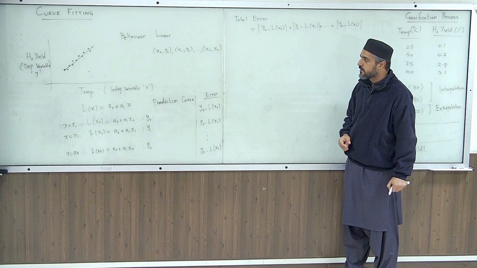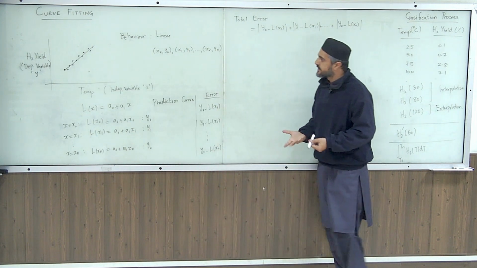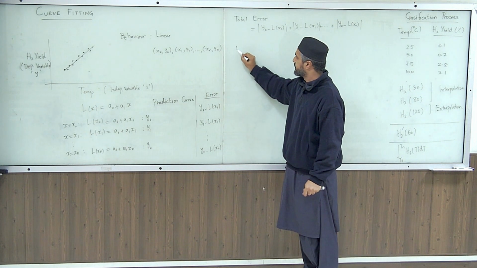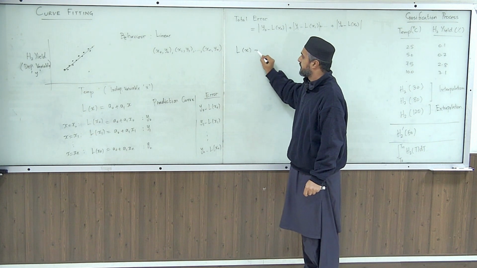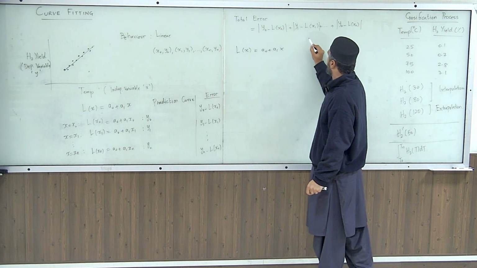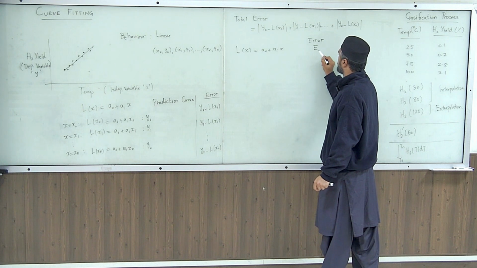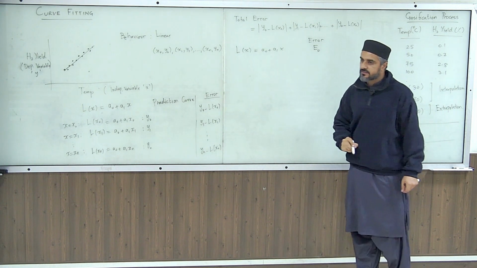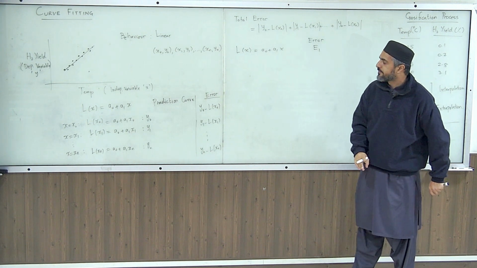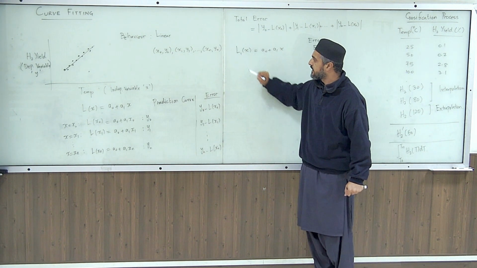Now coming towards the line that I have plotted, for example, I just calculated some error, and the error associated with L of x equals a naught plus a1 x comes out maybe e naught, or maybe e1, the error that I got associated with this line. Let me call this line number 1.